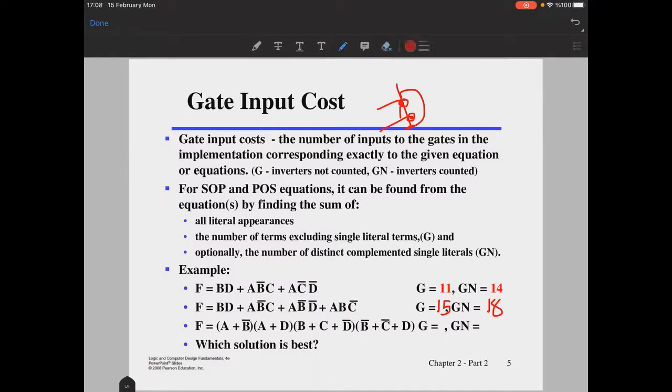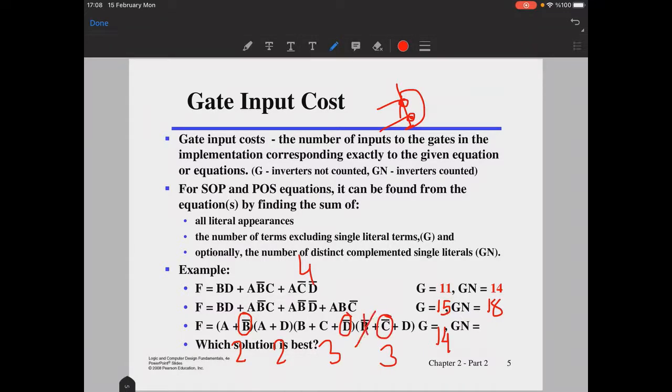That's it. And how about the last one? That one is 2 input, 2 input, 3 input, 3 input connected to a 4 input AND gate. That's what we have. We add all of them up and we will get the gate input cost, which is your 14. And how many inverters did we use? 1, 2, 3.